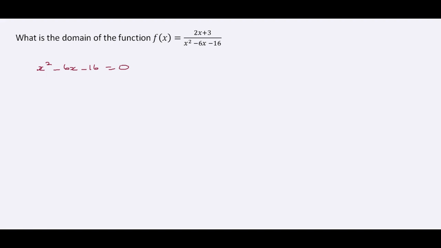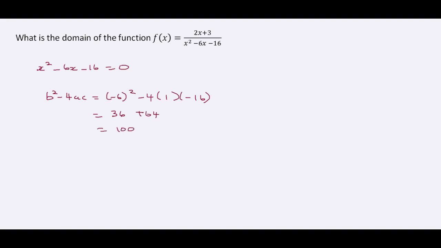Let me try using the discriminant to give me an idea of whether it's going to be easy to factor. So b squared minus 4ac. This is going to be negative 6 squared minus 4 times 1 times negative 16. So this is going to give me 36 plus 64, which is 100.